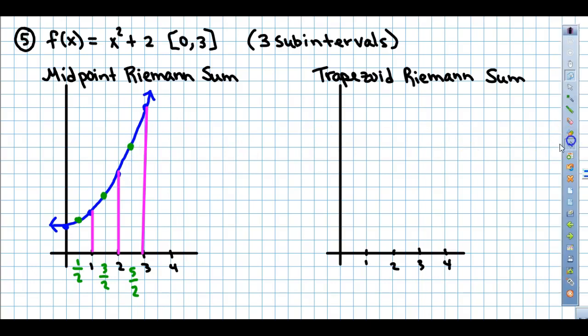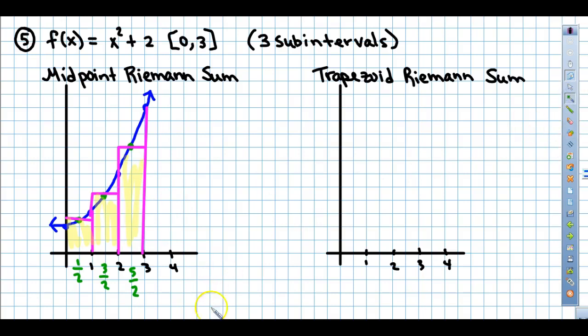When I draw my rectangle, I need to make sure the top of it goes through that midpoint. And here are my rectangles. This is the area that we're looking for right here.